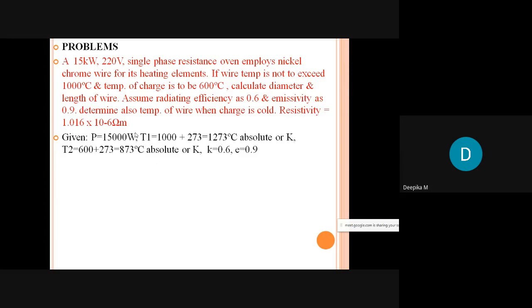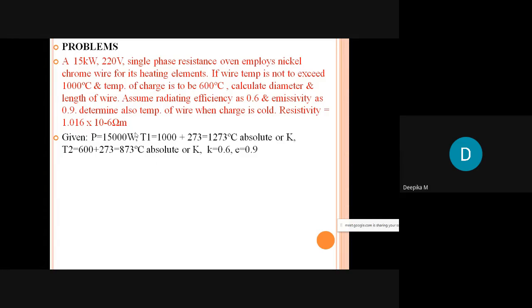We have to convert this because in Stefan's law we have to substitute these temperature values, and while substituting, these temperatures should be in the unit of Kelvin. So we have to add 273 to every temperature here.